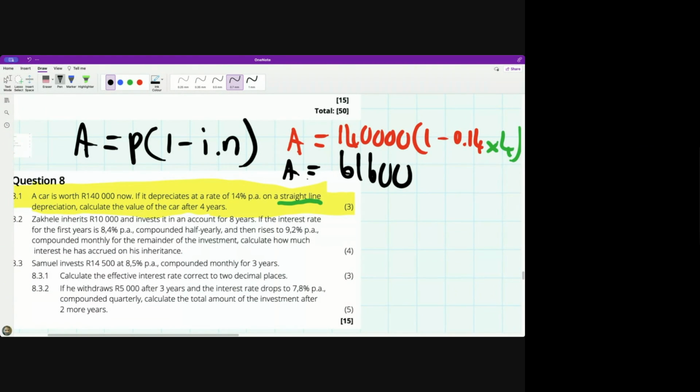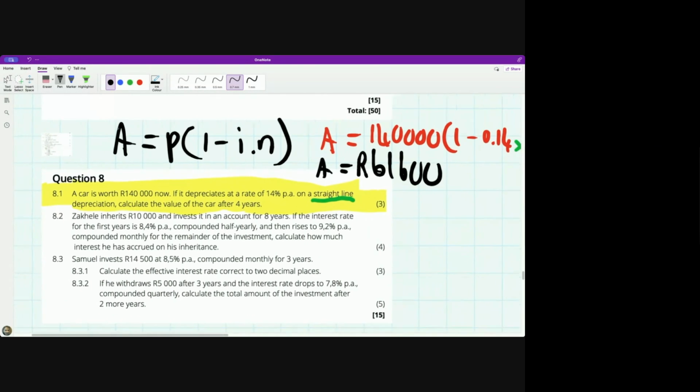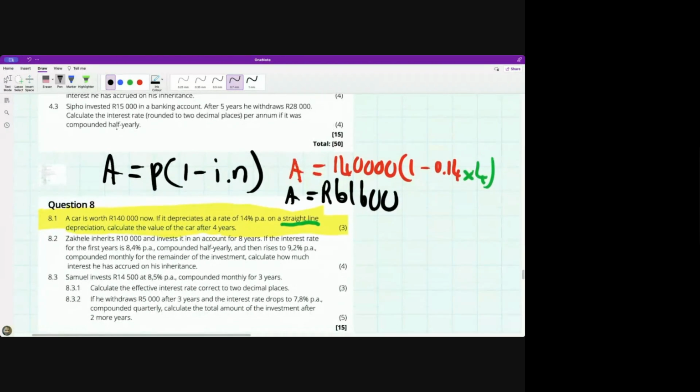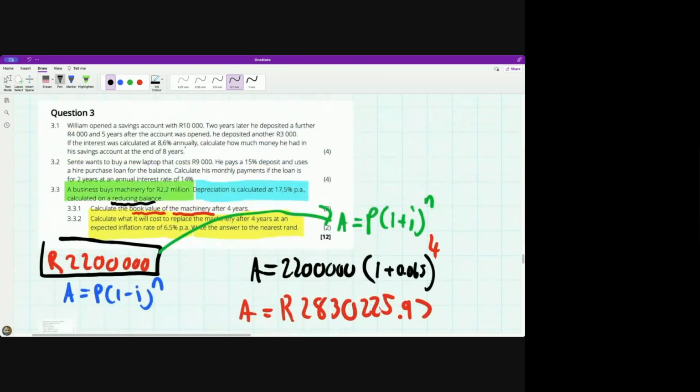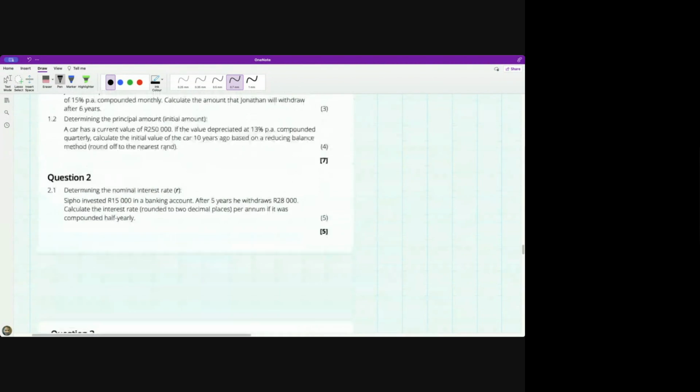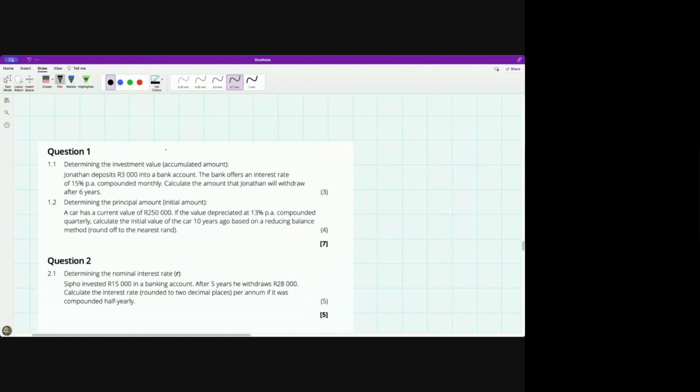So that's how much the car is worth after 4 years. It's 61,600. Okay, we've done so well with depreciation. What I'm going to do now is I'm going to go back to interest quickly, and I'm going to just see how you guys do on some interest questions.